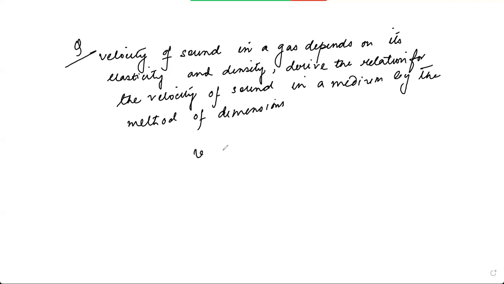So the velocity of sound depends on elasticity, that is E to the power A, and density rho to the power B. So V equals K into E to the power A, rho to the power B. The dimensional formula of velocity is L T to the power minus 1.